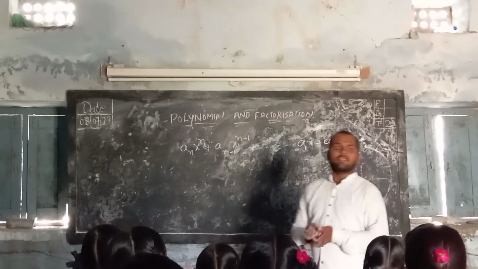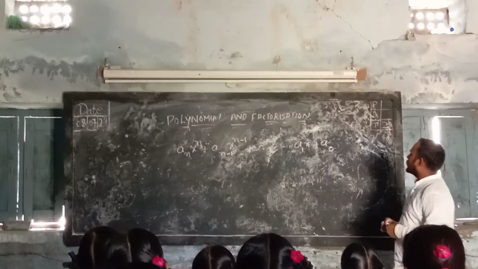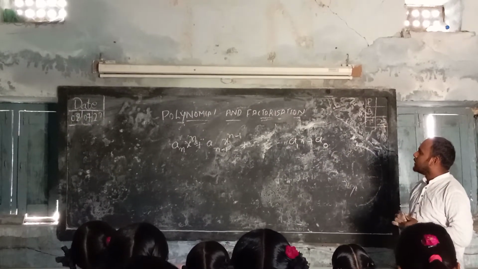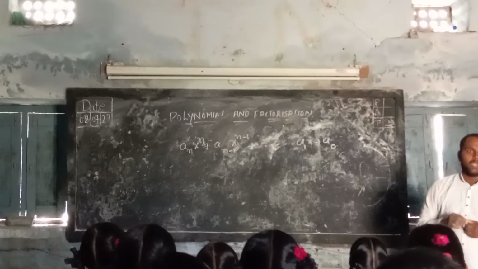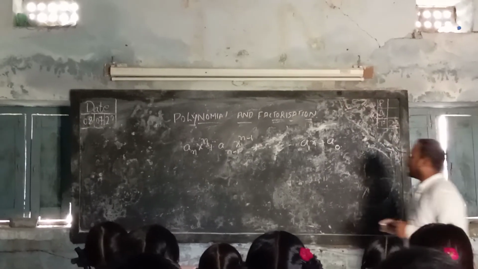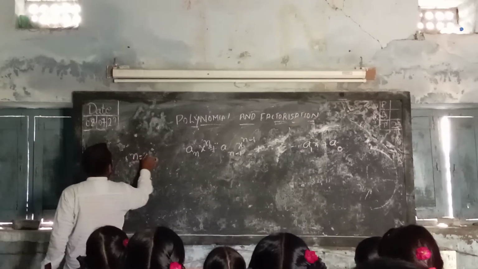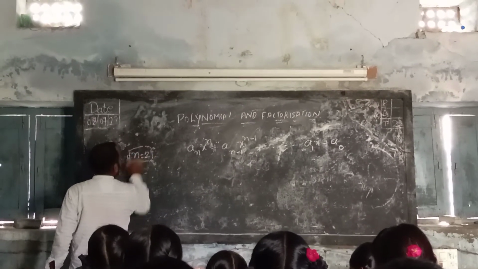Okay, let us see how. Suppose in this expression n value is equal to 2. See what happens when you keep n equal to 2.